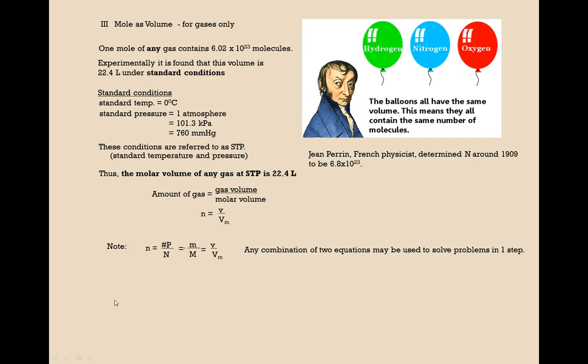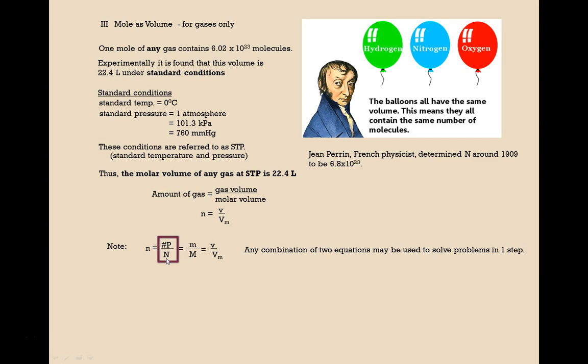Now let me explain. We can clearly set n equal to this ratio, or to this ratio, or to this ratio. But in addition, we can also take this ratio and combine it with this one to solve for either mass or number of particles. N and M always remain constant.